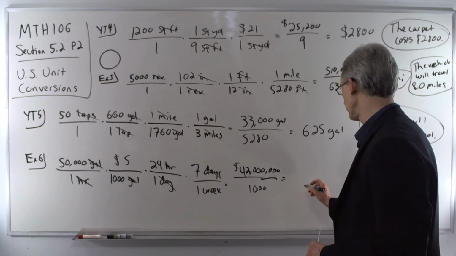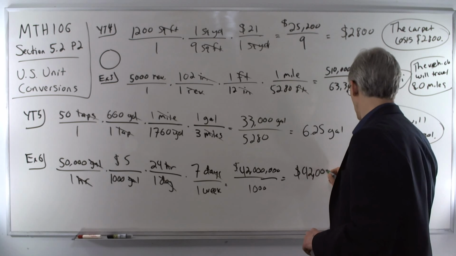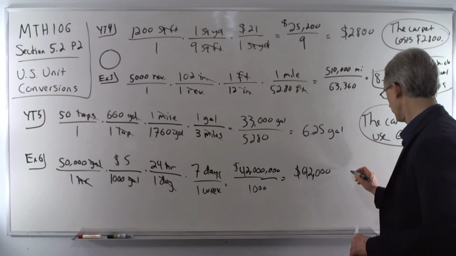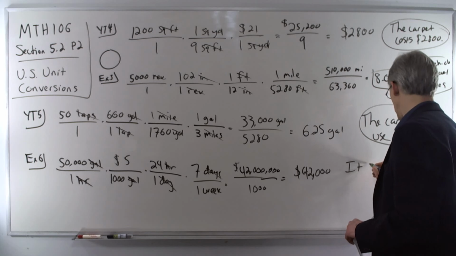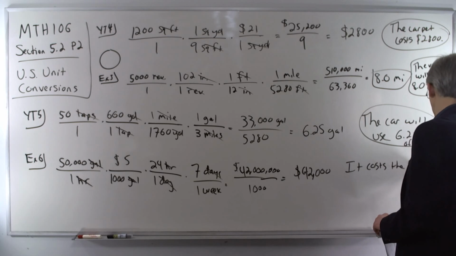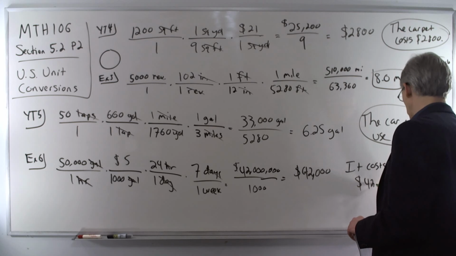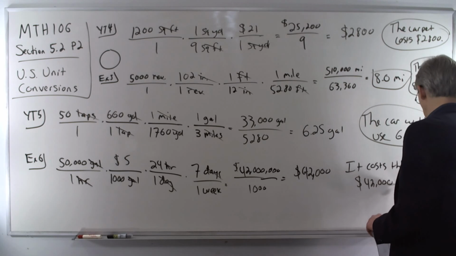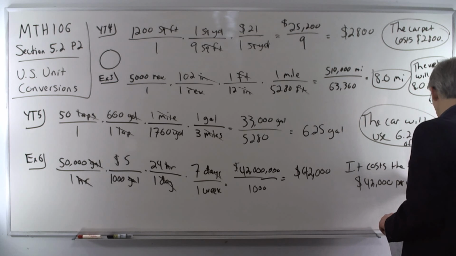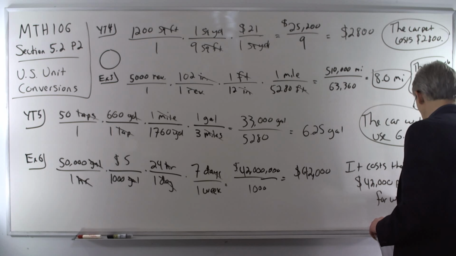And divide these out, and we get $42,000. So, cost of the factory, $42,000 per week for water.